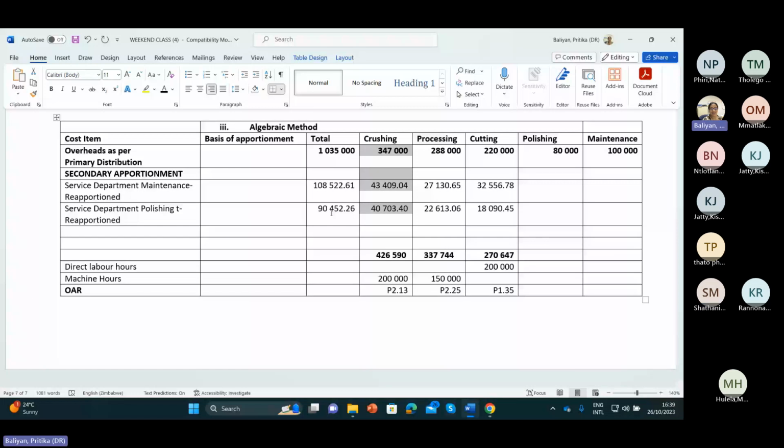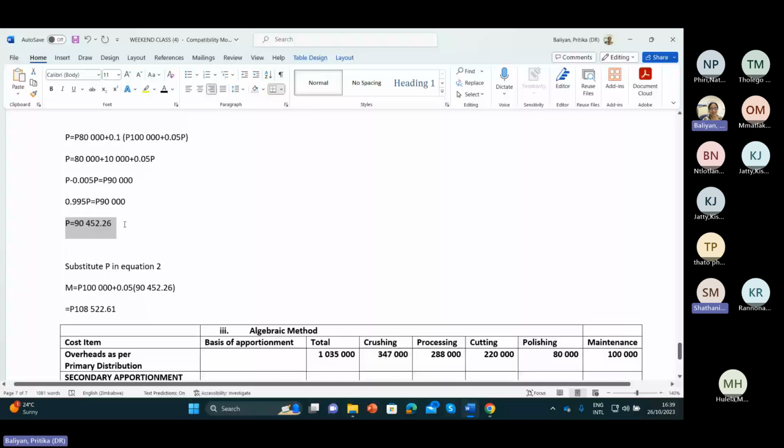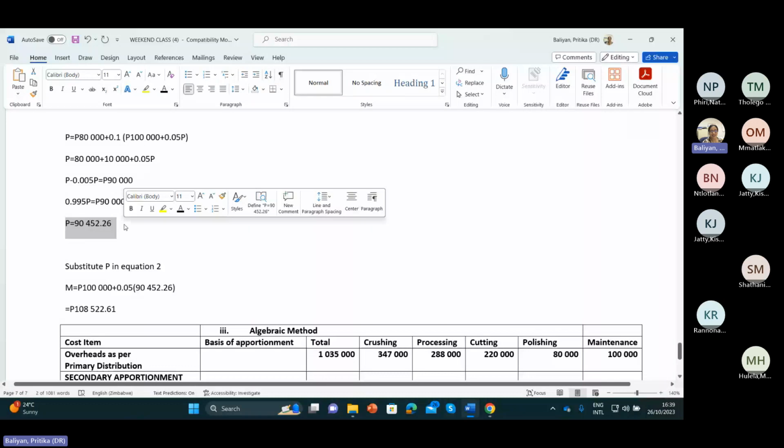No, the polishing department. Ma'am, this 90,000 is the total overhead cost of polishing department. Oh, so you're using 90,000. Yes, the polishing department total is 90,452 after adding the portion from maintenance.